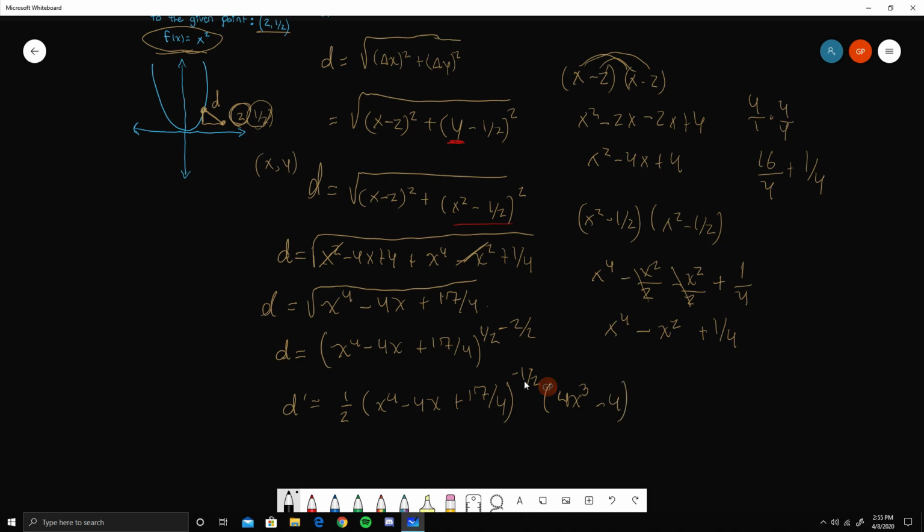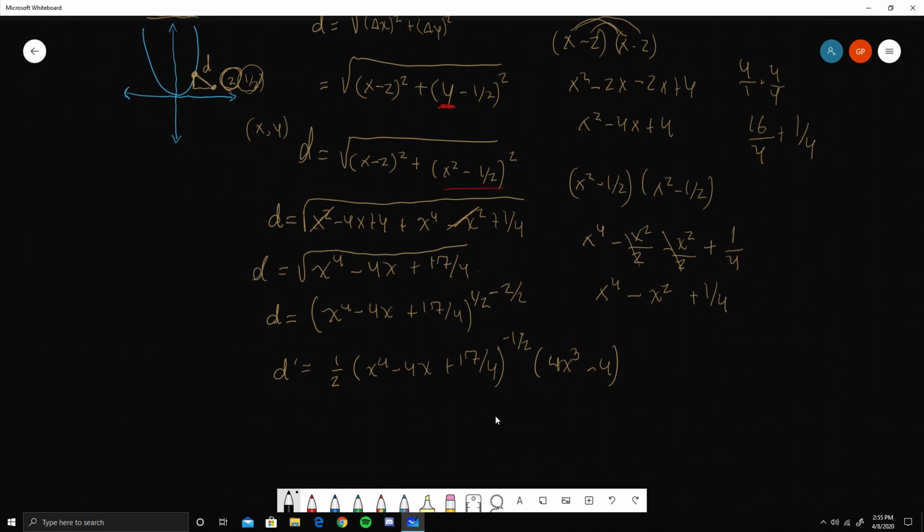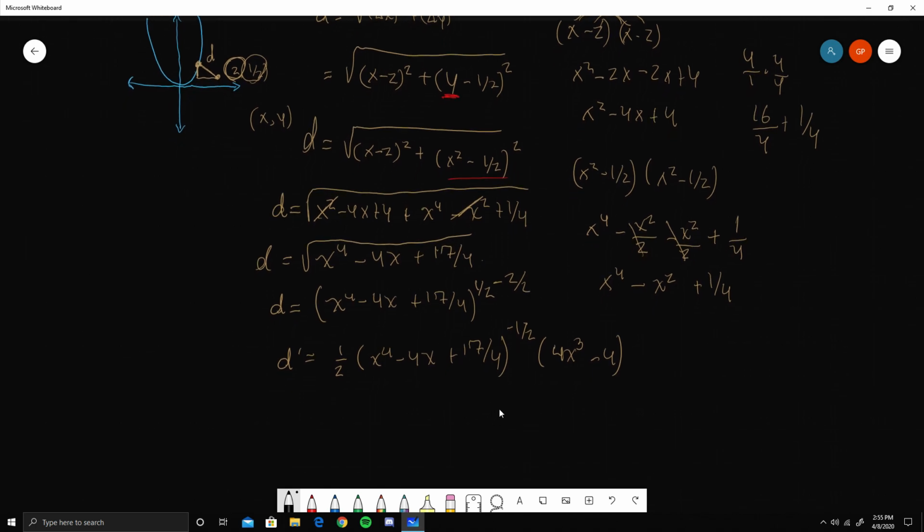And that is what d prime is. But this looks kind of messy, so we're going to make it look nicer. So this is equivalent to 4x cubed minus 4 over 2 times x to the fourth minus 4x plus 17 over 4 to the 1/2 power.